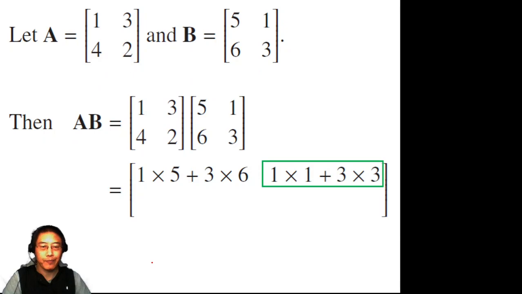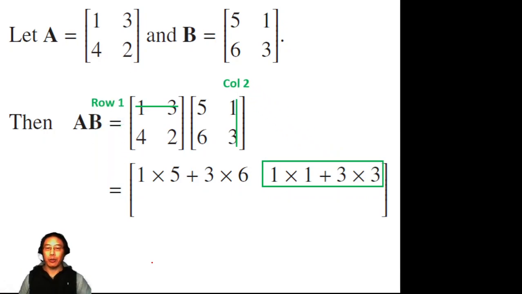Okay, next one. It's row 1, column 2. So we're going to match row 1 from matrix A and column 2 from matrix B. We multiply the corresponding entries and we do the sum.